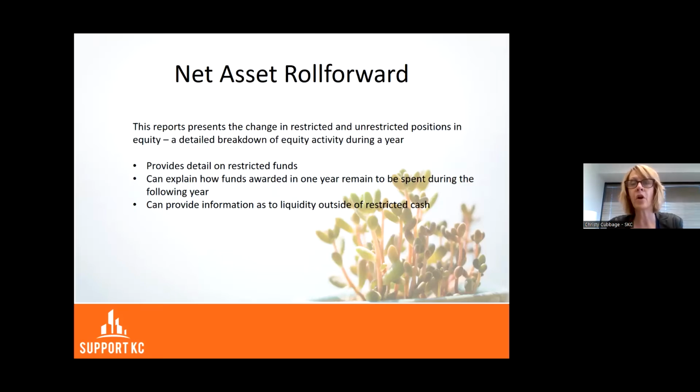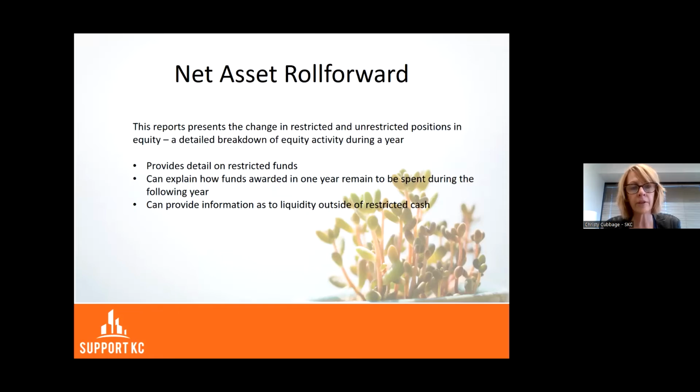Well, we're going to show the whole $300,000 in 1 year as income. And the next year, when we spend the money because we have it, it's not going to show on our statement of activity. But this net asset roll forward would show the Hall Family Foundation has awarded us money and we're spending it over time.